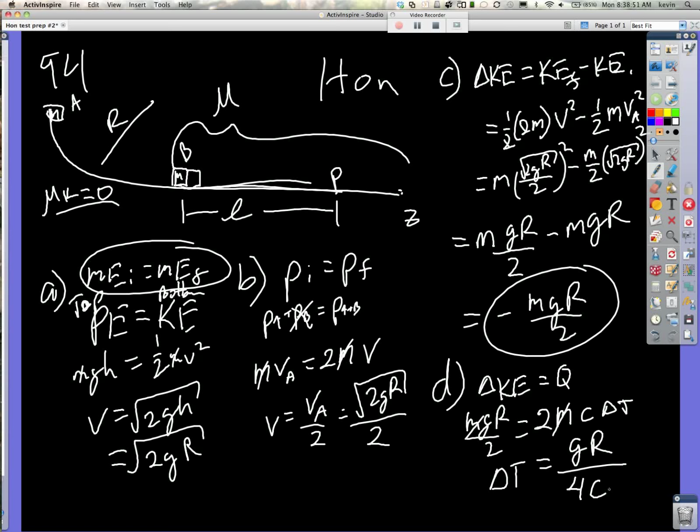And how does it change? You said the velocity changes because of friction. Yes, very good. Does everyone see that? When it slides from Y to P, it will be going slower than it was when it started at Y. And remember, what was the velocity at Y? It was this. Does this make sense?